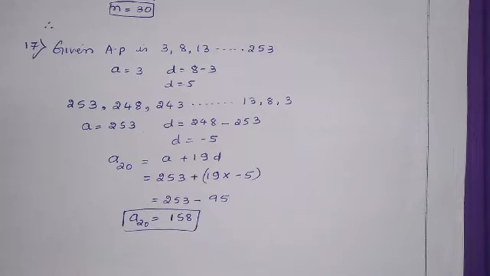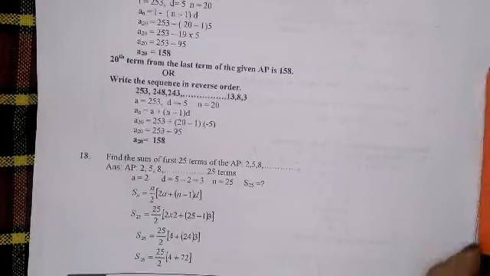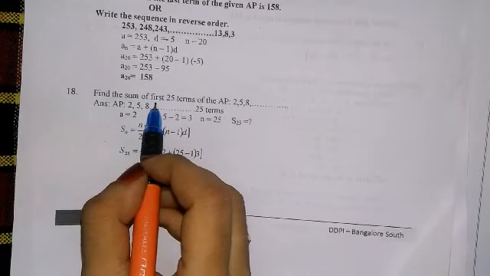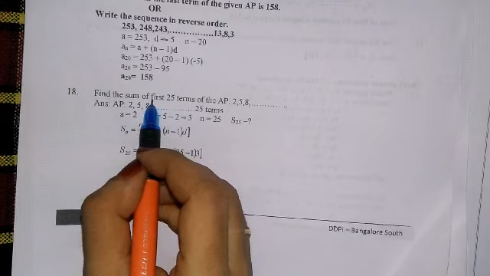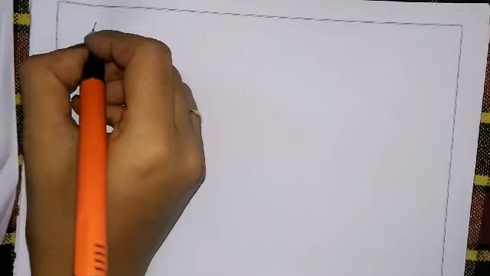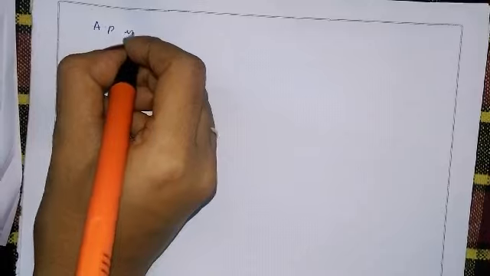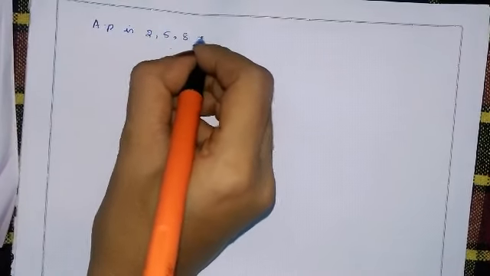Now the next question is: find the sum of the first 25 terms of an AP. What they have asked is to find the sum of the first 25 terms. The given AP is 2, 5, 8.